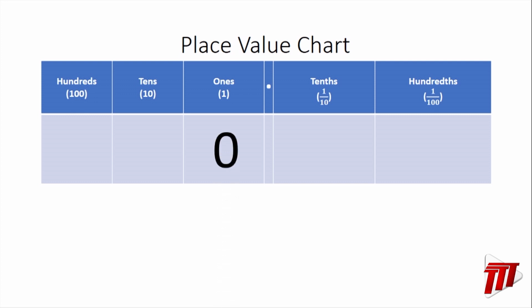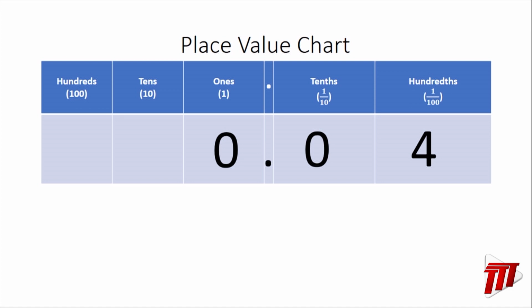So there are no whole parts. We use our decimal point to separate the wholes from the fractional parts. We have 0 tenths, and we have 4 hundredths. The 4 is in the hundredths place.